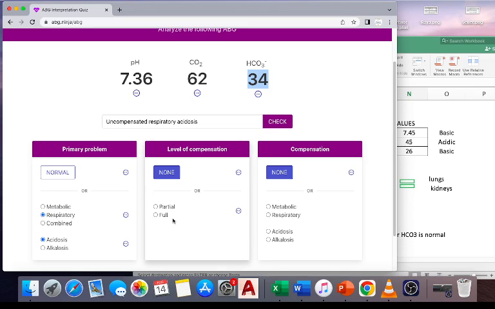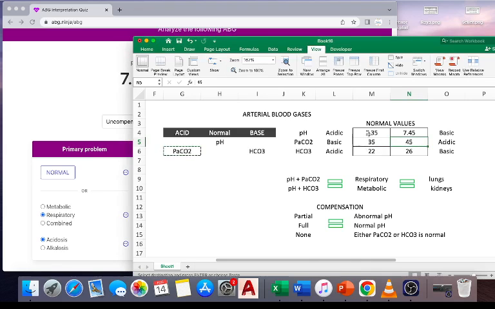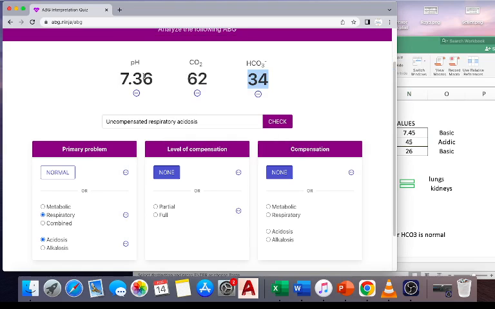If it's full, that means the body is able to fix the primary problem successfully and correct it to within the normal limit. Our normal values for pH are 7.35 to 7.45, and the pH here is 7.36, which means it's within the normal limit. I'd answer full.